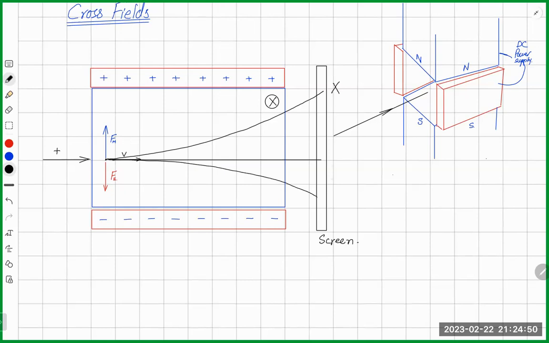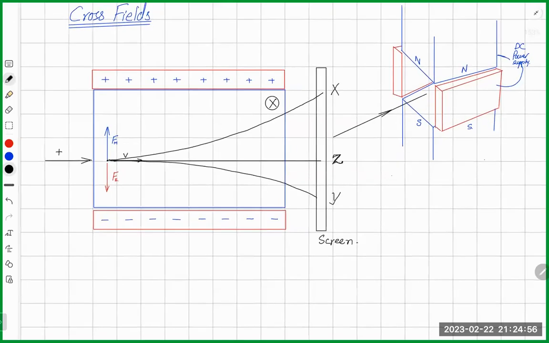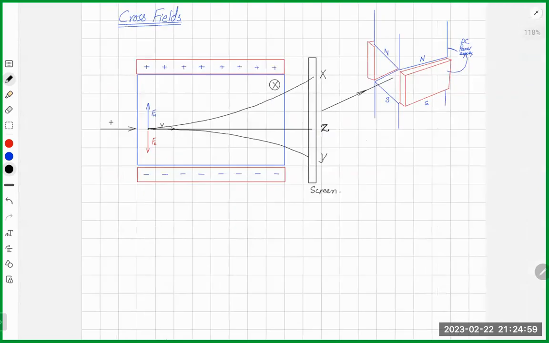And some end up over here. This is Y. This is Z. Now, what is the story for the particles, particle X? What is the story for particle X?